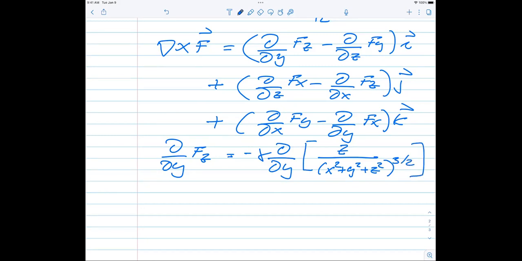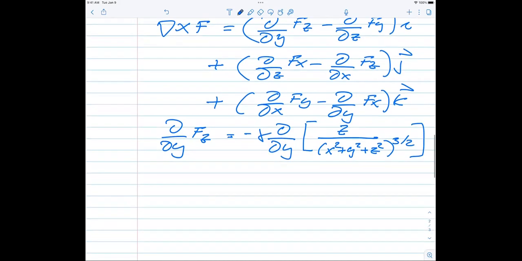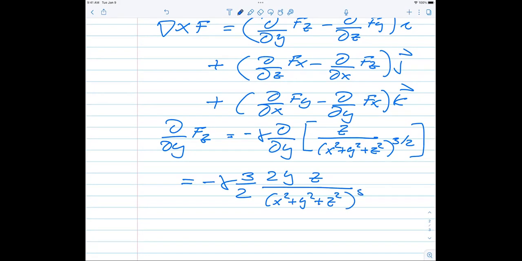When I calculate the derivative here, this is going to give me minus gamma, and then I have 3 divided by 2 here. There's going to be a factor of 2 times y, and then it's multiplied with z, and this is divided by x squared plus y squared plus c squared to the power of 5/2.